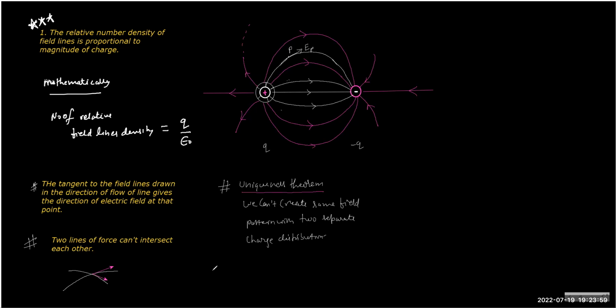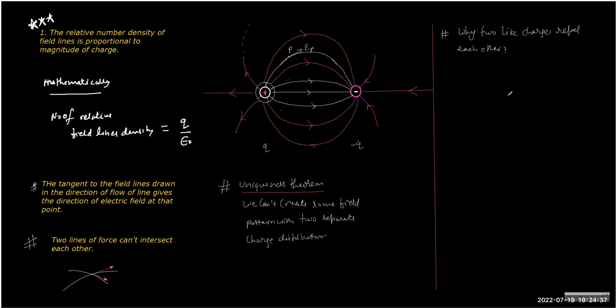Now the question is, you might have heard about the repulsion of like charges and attraction of unlike charges. So the next point is, why do two like charges repel each other?